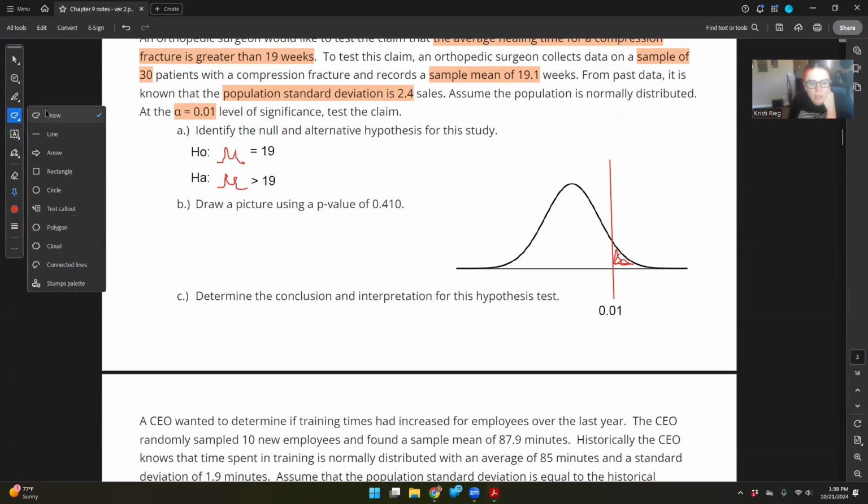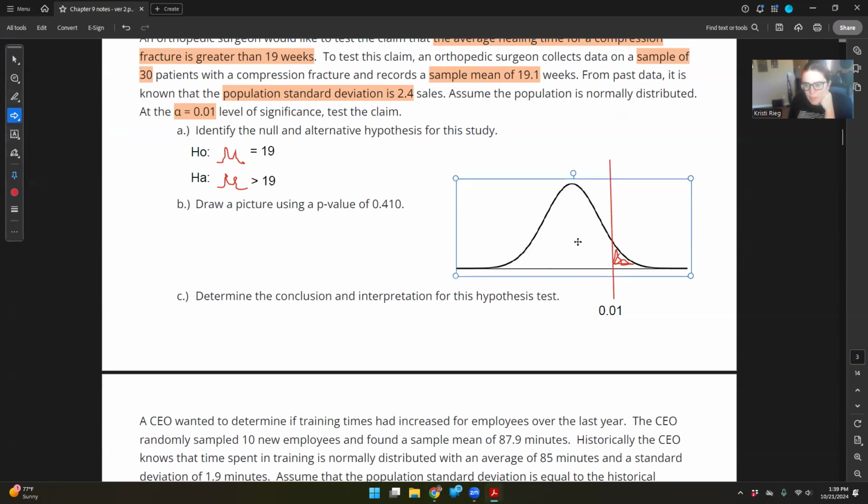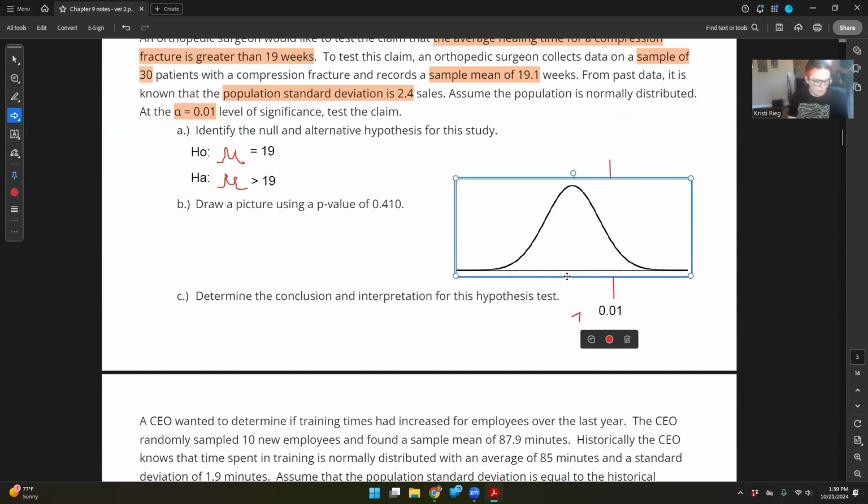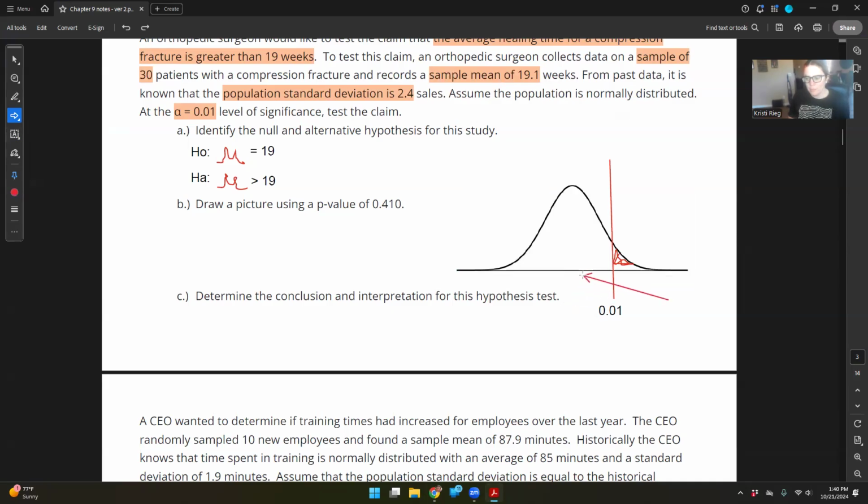That's going to show up somewhere on the number line. So we have 0.410. It falls into our do not reject region.